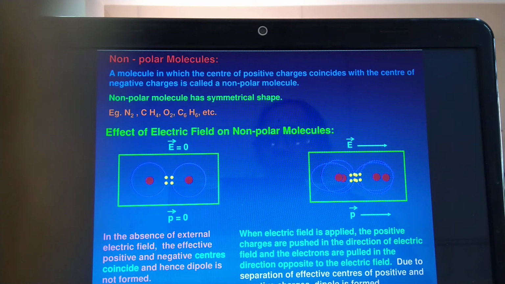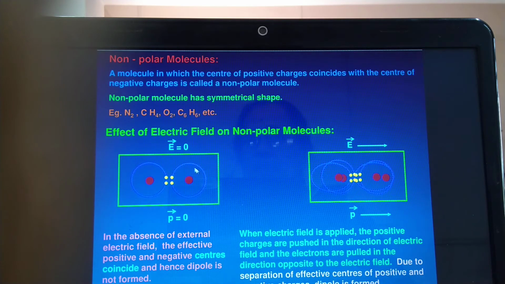As the positive charge center coincides with the negative charge center, such a non-polar molecule has a symmetrical shape. Now, what happens when such non-polar molecules are placed in an electric field? We are going to consider the effect of an electric field on a non-polar molecule.